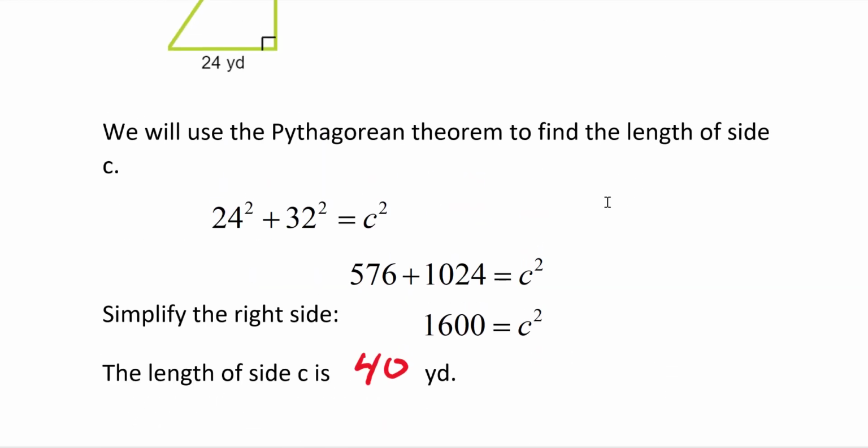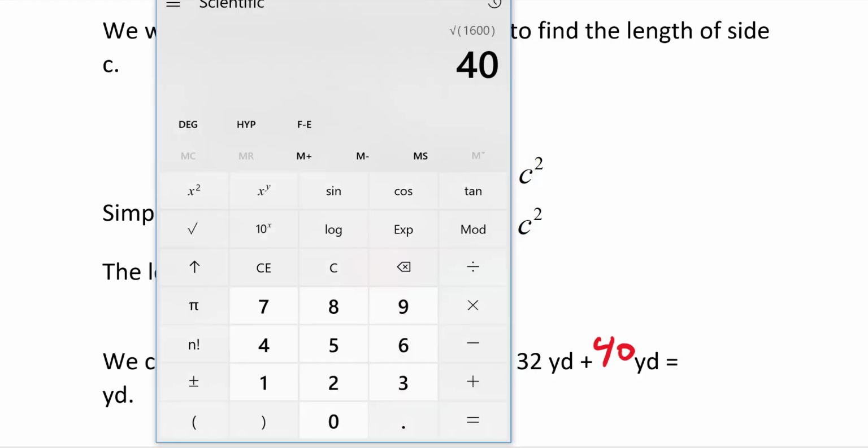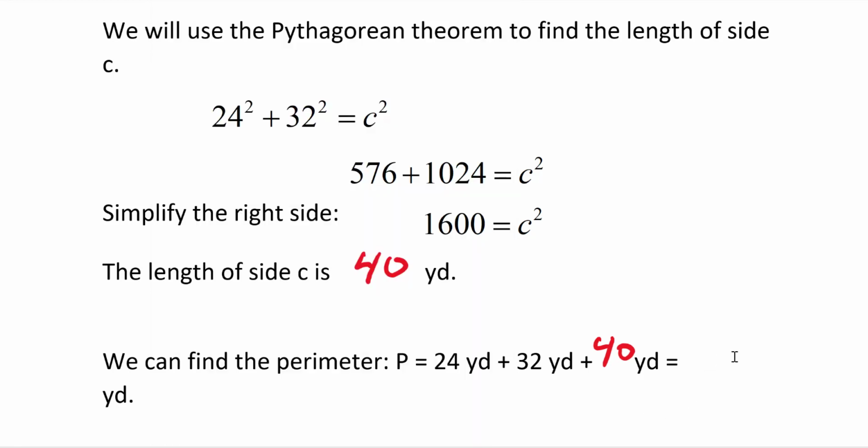We can find the perimeter by adding the length of the sides, so 24 plus 32 plus 40, which is 96 yards.